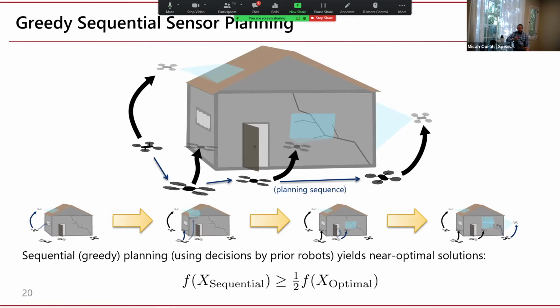Now, although this can guarantee solutions within half of optimal, and often actually performs much better, a major weakness of this approach is that the planning duration is always at least proportional to the number of robots in the team.